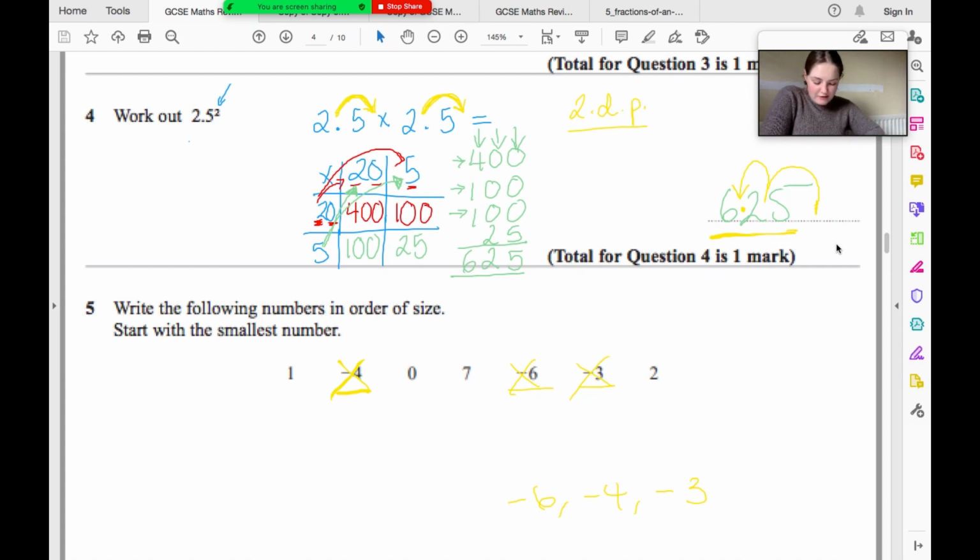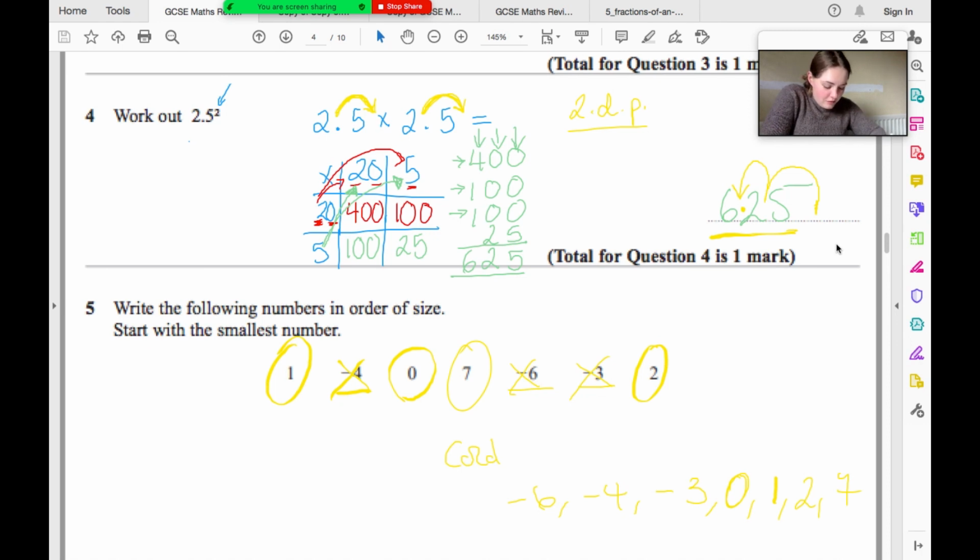So next we have 0. 0 is going to be our next biggest number. Then we have 1. Then we have 2. And then we have 7. So as you can see, it goes from very, very cold to, well, 7's not that hot, but warmer.